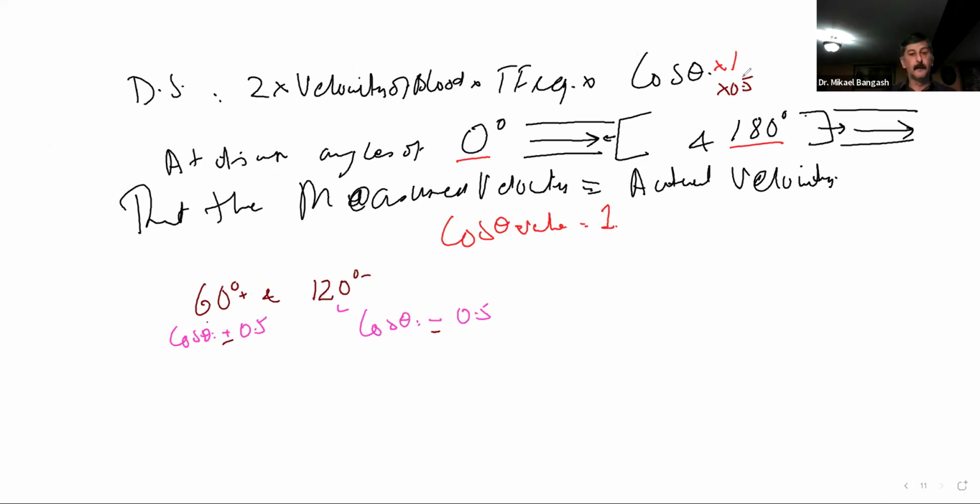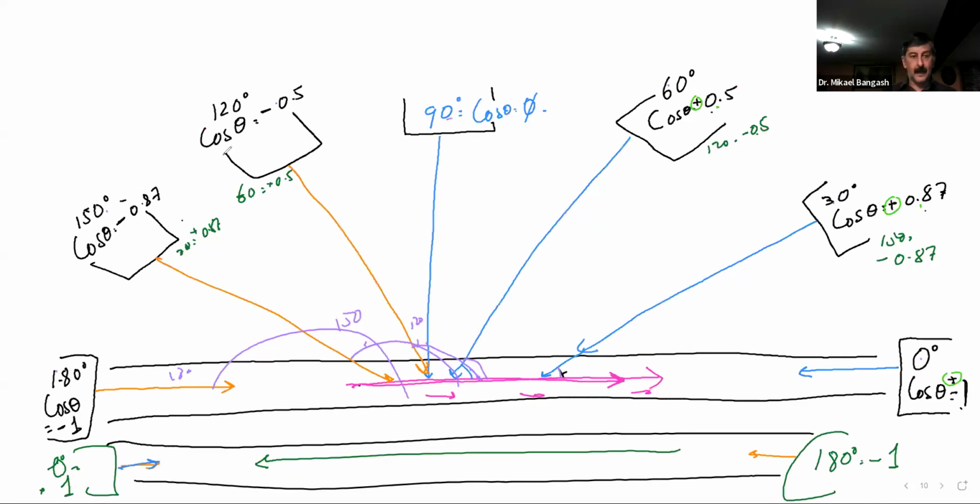The positive or negative just indicates the direction of the beam relative to the direction of the blood flow.